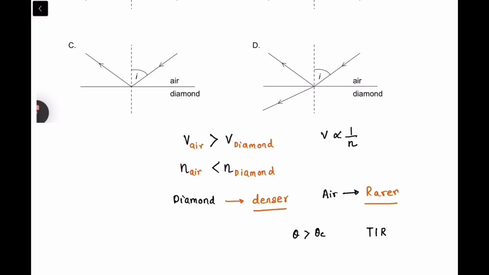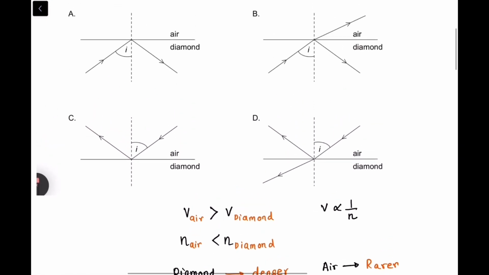In total internal reflection, every possible bit of the incident light is reflected back. None of it is refracted. So the total light will be reflected when the light is traveling from diamond, the denser medium, to air, the rarer medium.